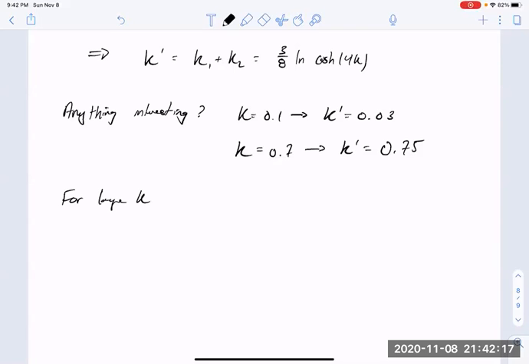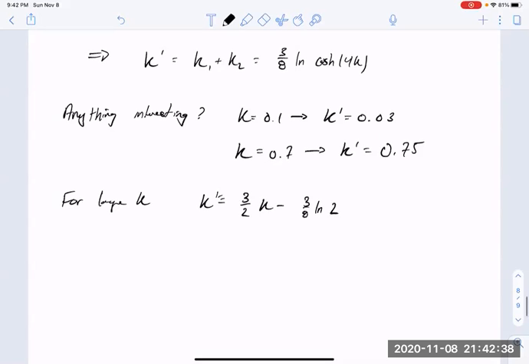That gives me 4k times 3/8. For large k, I expect k prime to go like 3/2 k minus 3/8 log 2.